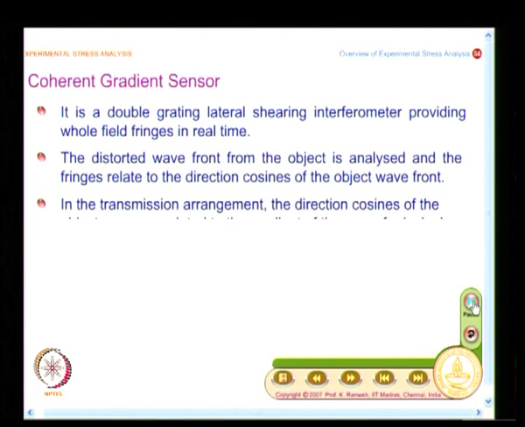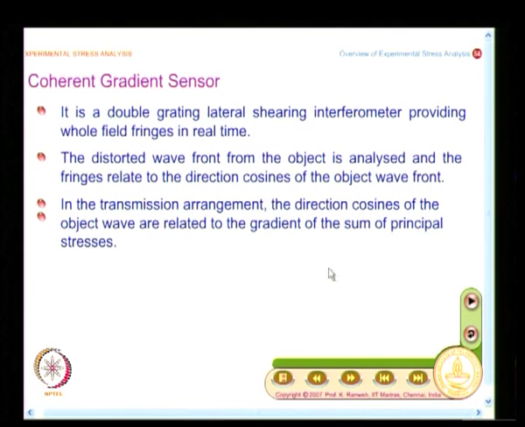In a transmission arrangement, I relate these to the gradient of the sum of principal stresses. As I said, for each of the techniques, some physics is exploited, and that physics dictates what information you get from interpreting the fringe patterns.